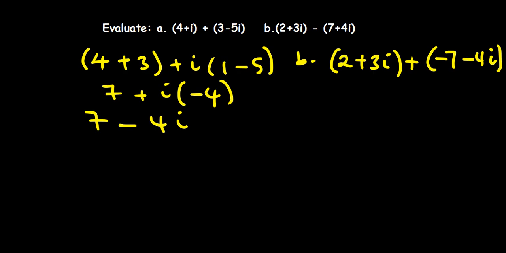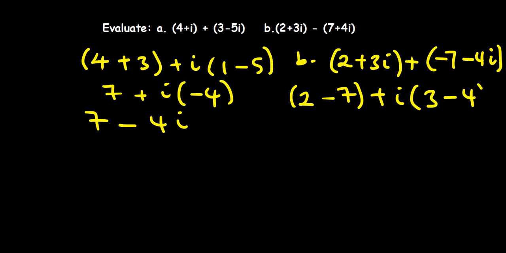Then you add, now the real part is 2, then for the other one it's minus 7 plus i here, you factor it out, then 3 minus 4, then you get negative 5 there plus i times minus 1, and this will give you negative 5 minus i.